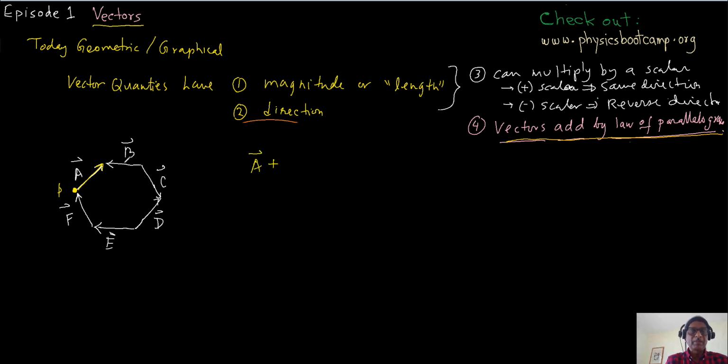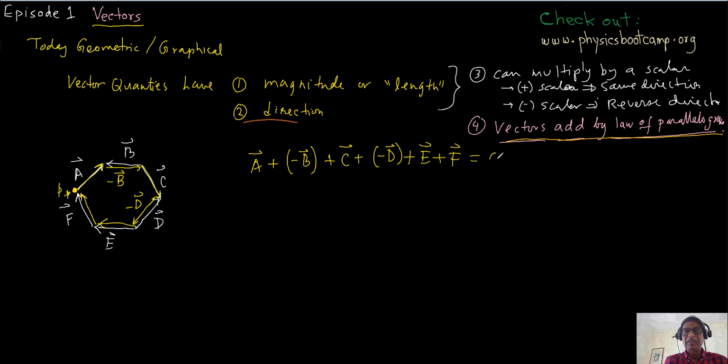So I got A. But this is opposite, so I'm going to invert that to make it minus B. So that's minus B, I have to add minus B, and then I keep going in the same direction. C is okay. Then I'm going the opposite direction, so the D will be minus D, and then I go E in the same direction. That's plus E, and then I'm going the same direction as F, plus F, and that's P back to P. This whole thing is a zero vector.